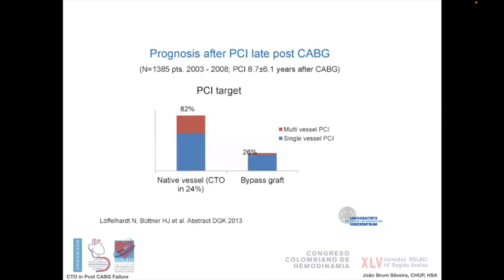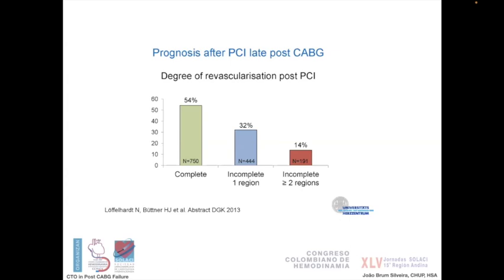What is the prognosis after PCI in post-CABG patients? If you are talking about multivessel or graft, it is very important, because you have multivessel PCI or single vessel PCI. And also, what is the prognosis of the complete revascularization? We had a better outcome for this patient. This is mainly for the young guys, not for the older guys.